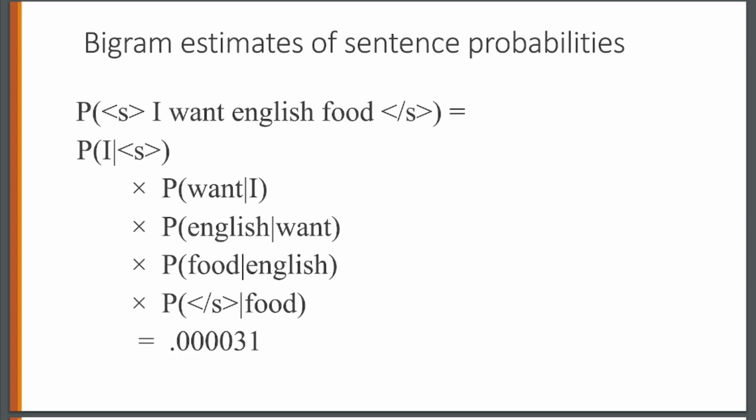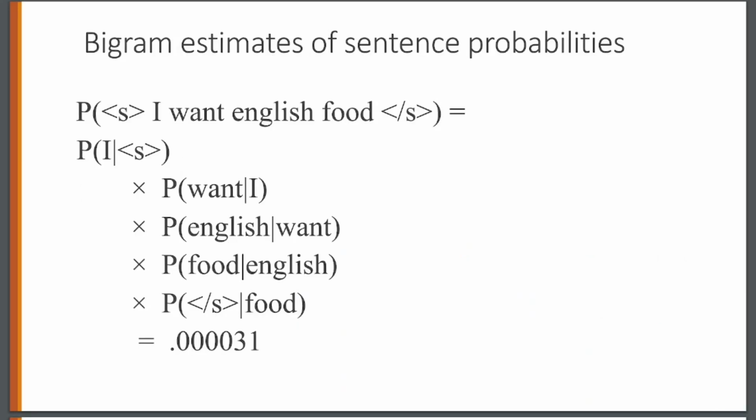And now with just my bigram counts, I can use that to get the probability of this sentence: I want English food, right? Well, let's see. How does the sentence start? I starts the sentence. So how likely is it that I starts a sentence? Well, we can look that up in our table, right? And how likely is it that want follows I?